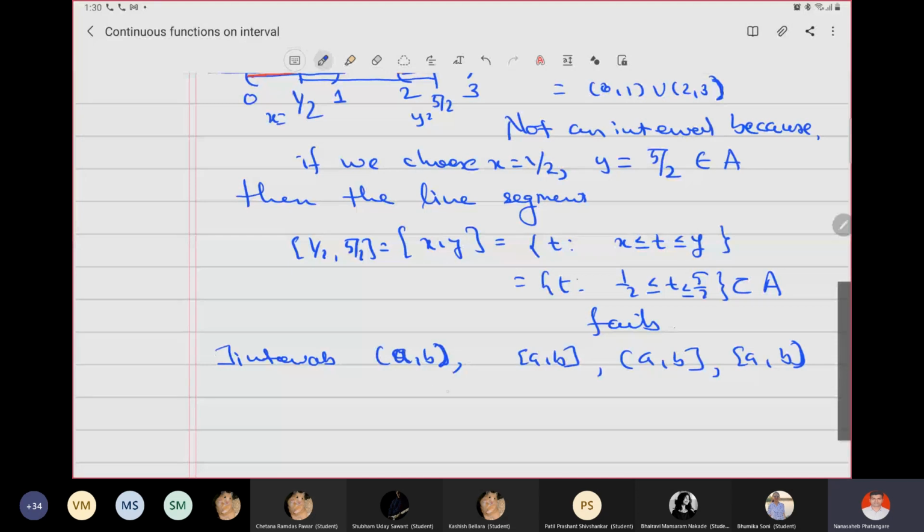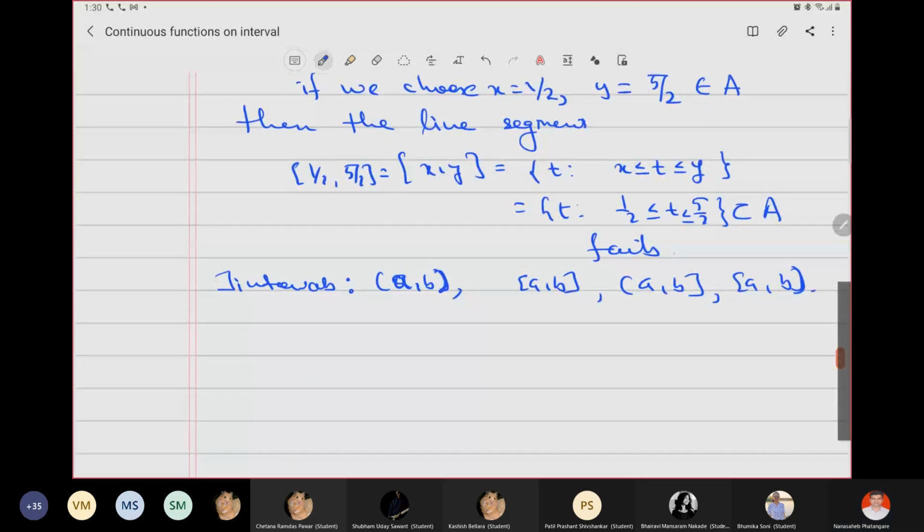What is the difference? In the first interval, A and B are not included. Very good. So endpoints are not included in the first; in the second, A is included, but in the third, A is not included, and so on. So that difference you can understand, right?